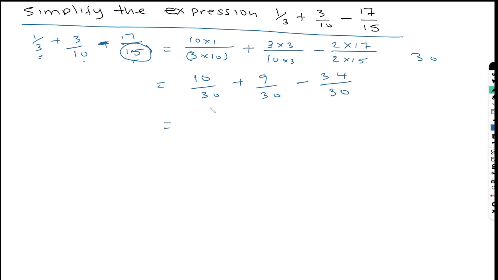So both of these will be 30, and then this will be 10 plus 9 minus 34. That means 19 minus 34, which is negative 15 over 30.